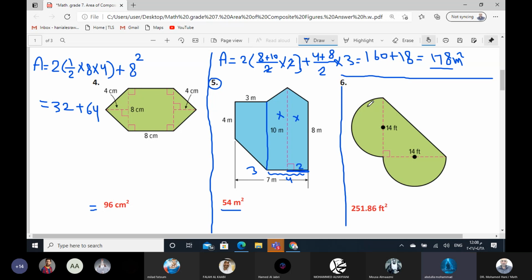Mister, you need to do 8 plus 10, it will be 18. Then divided, it will be 9. Then you can cancel the 2. Here we cannot divide because I cancelled 2 down with 2 up.